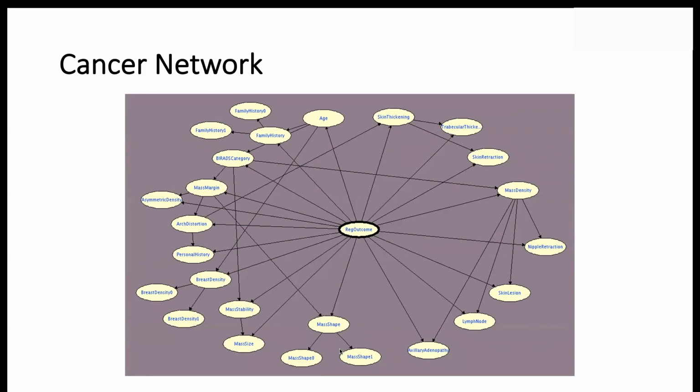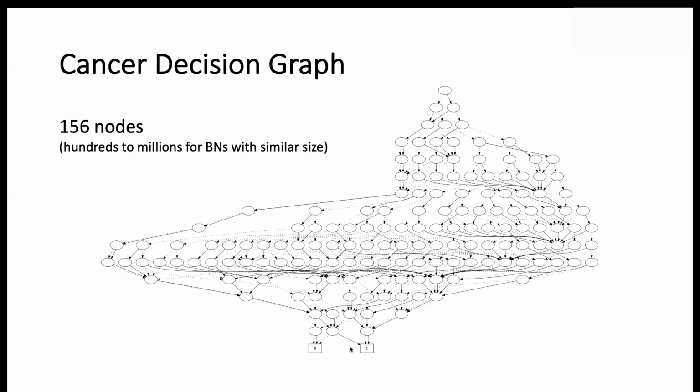One of the observations is that when you compile these into symbolic representations, the size of these representations varies. Sometimes they're pretty simple and sometimes they're pretty complex. This particular one was compiled into an OBDD that had only 156 nodes. In fact, you're seeing it all on the screen without the labels. And this is for a particular ordering. You know by now that the size will be different depending on what total variable ordering you use when you do the compilation.